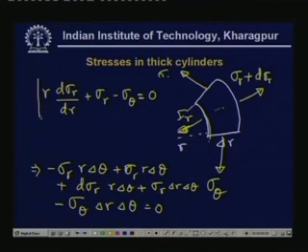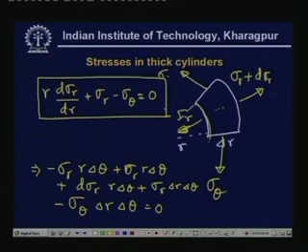Now, this is the statical equilibrium equation. The other statical equilibrium equation, if you consider along the tangential direction, we have considered only the radial direction. If you consider along the tangential direction, then of course it is trivially 0 as the symmetry implies. So, therefore, this is the only equation which is available.